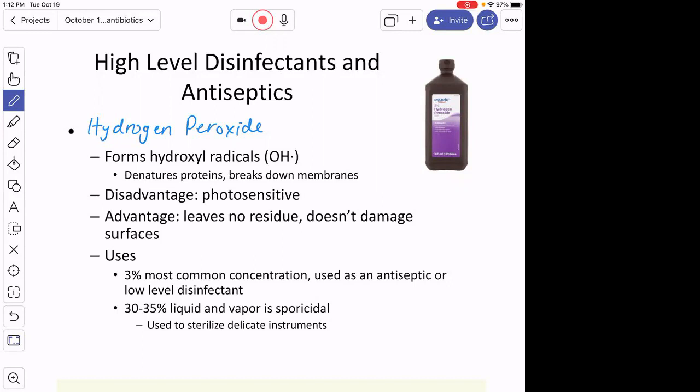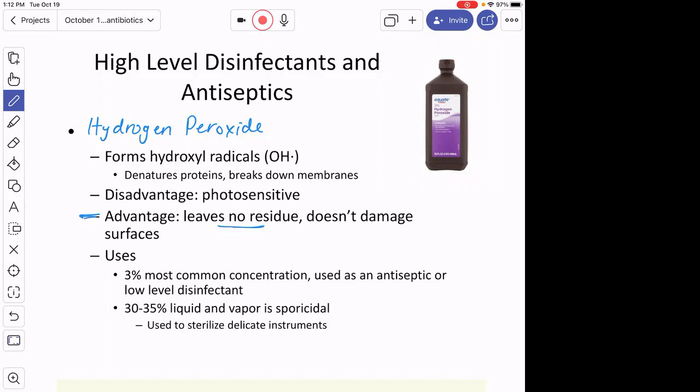And hydrogen peroxide has been called the closest thing to sort of the perfect disinfectant that we have. Why is it considered really great? Well, it has some advantages, like it doesn't leave any residue, it doesn't damage surfaces, it's really cheap.